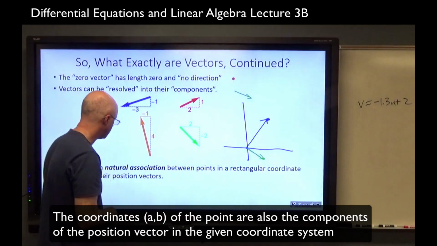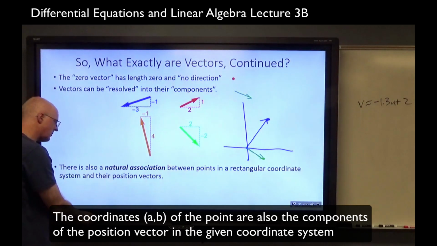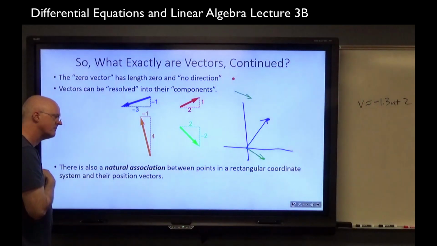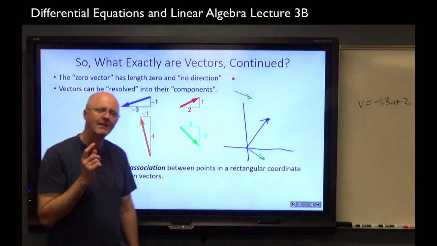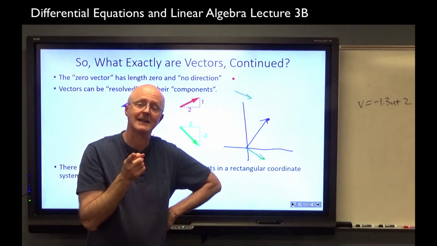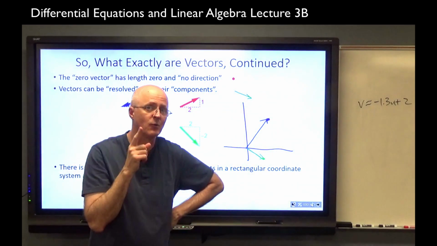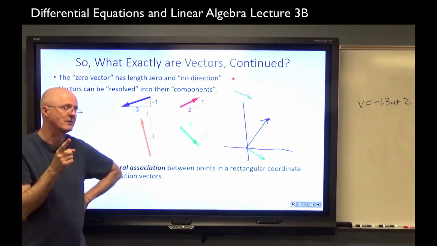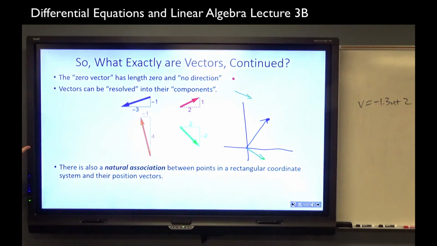Natural association between points in a rectangular coordinate system and vectors, position vectors, they're called. And you want to have the freedom to sometimes think of vectors as being points and sometimes think of them as being arrows. That'll be really important. So many subtleties that are really important if you really want to get this.